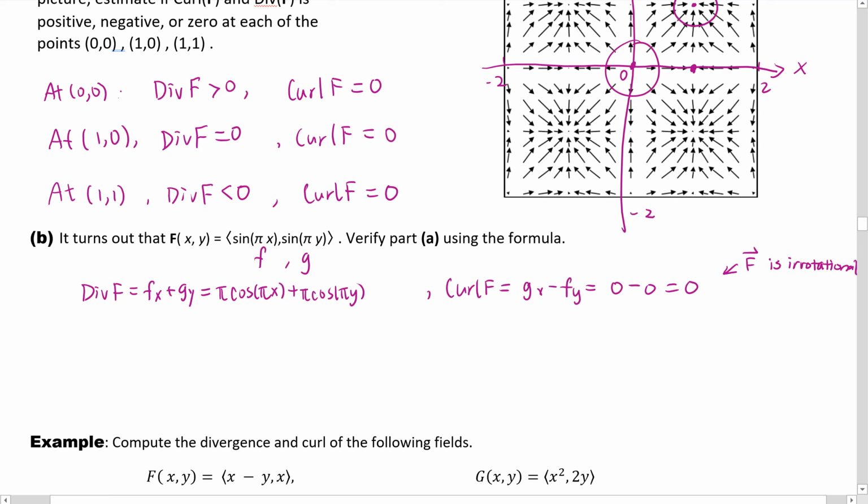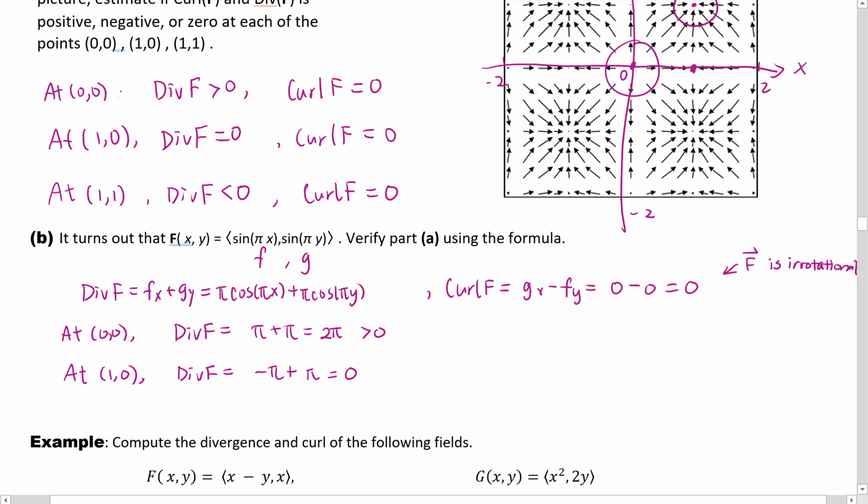So far, so good? Now let's see at 0, 0. The divergence: cosine 0 is 1, right? So we get π plus π, which is 2π. It's positive, so it matched our guess. And at 1, 0, what's the divergence? Cosine π is minus 1, cosine 0 is 1.